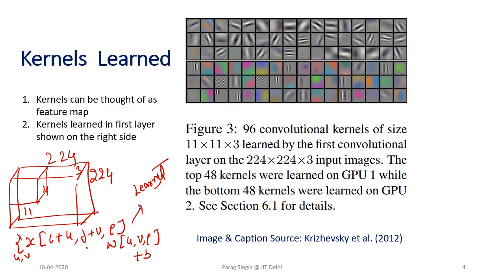And because they are being convolved with the image, you can think of these w's also, when appropriately normalized to 0 to 255, or 0 to 1, depending on how you present an image, as actually representing some kind of feature map or an image. I hope that makes sense, because it is often a practice to consider these kernels, or these weights, as representing underlying images.